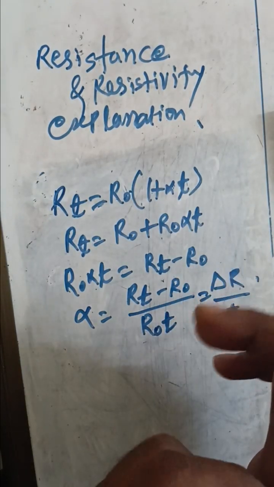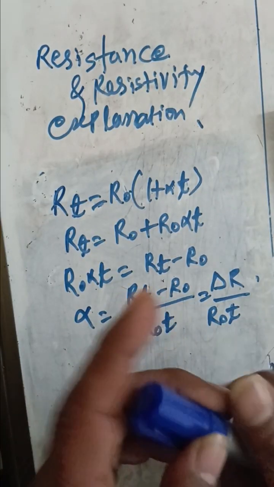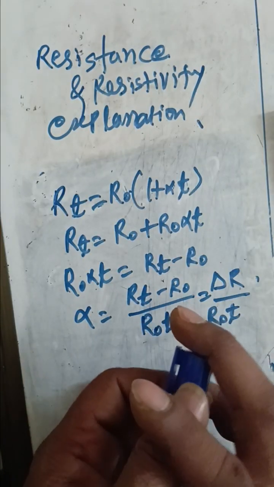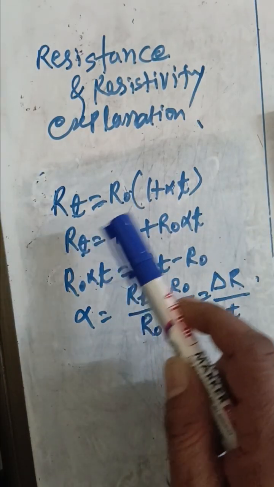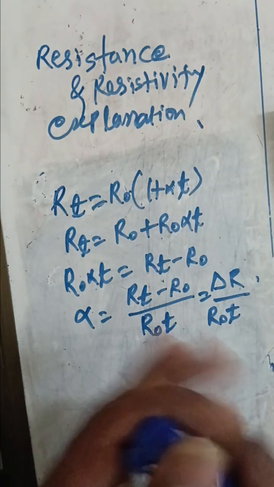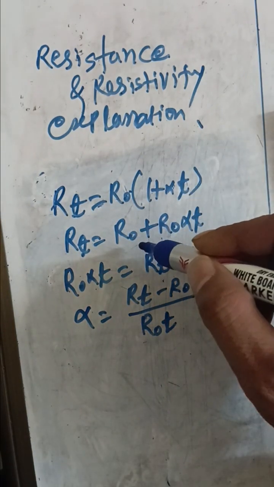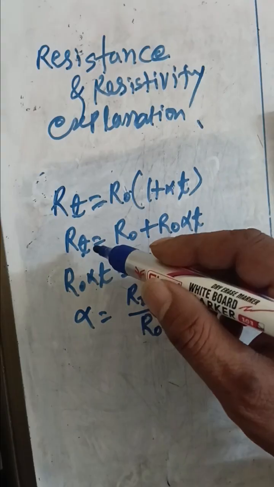Now, temperature plays a major role in the dependence of resistance and resistivity. Accordingly, resistance increases. The formula is R_T equals R_0 times (1 plus alpha T), where alpha is the temperature coefficient of resistance, R_0 is the resistance at 0 degrees Celsius and R_T is the resistance at T degrees Celsius.